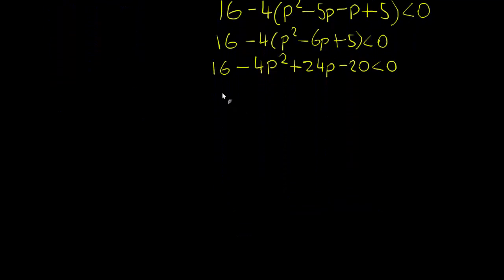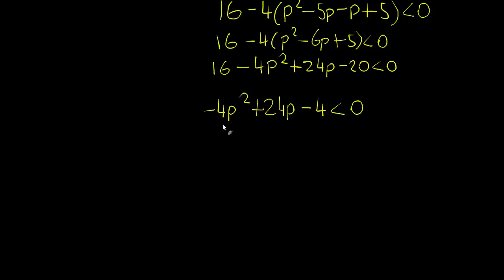Let's gather that all together. We've got minus 4p squared plus 24p, and then 16 minus 20 is minus 4. It's less than 0.